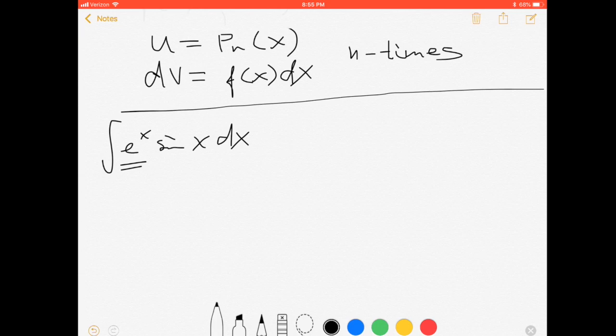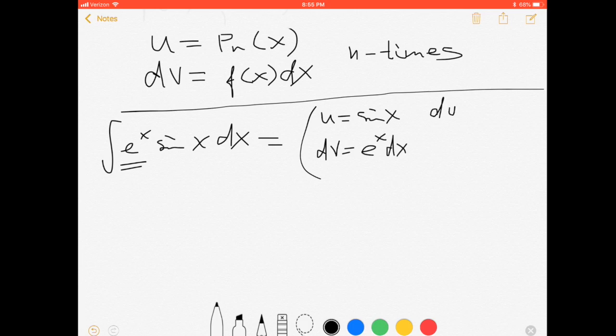This means it's like you are working in a cycle. Okay, let's try. Maybe integration by parts works in this situation too. Here I don't see which function should be u or dv. Okay, let u be sine x, and dv be what is left over, e to the x dx.